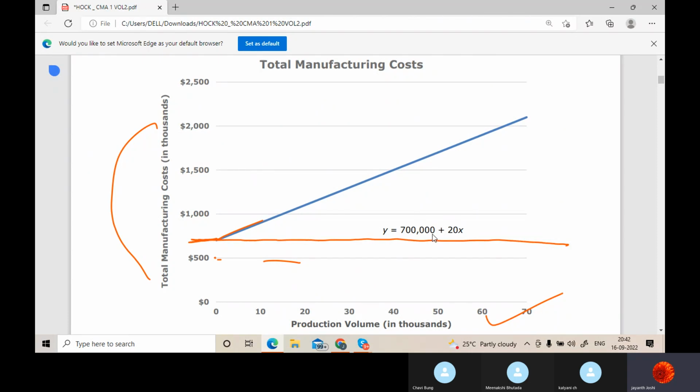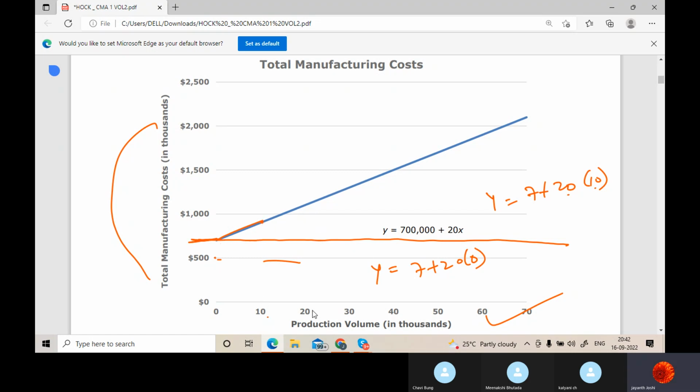But when you are increasing your production units, like y is equal to 7 plus 20 into 0 is 7. Y is equal to 7 plus 20, 7 in the sense I'm just taking for the sake of taking, into 10, 200 plus 7 or something, it is increasing. 7 lakhs plus 20 into 10, you add them up, you get something here.